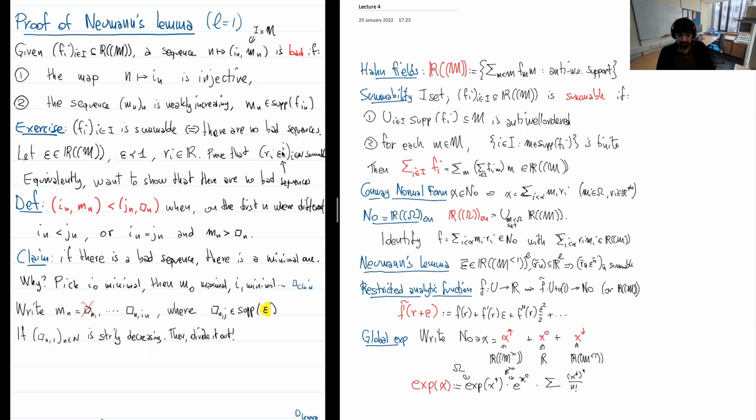Okay. But if I can do this, then I'm contradicting the minimality of the sequence I started with.